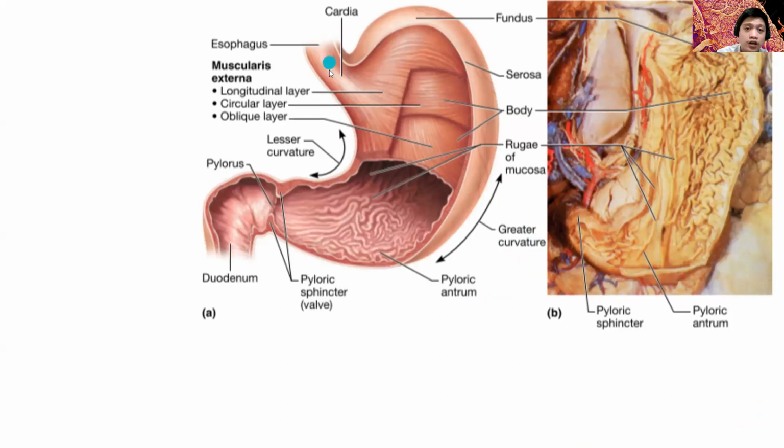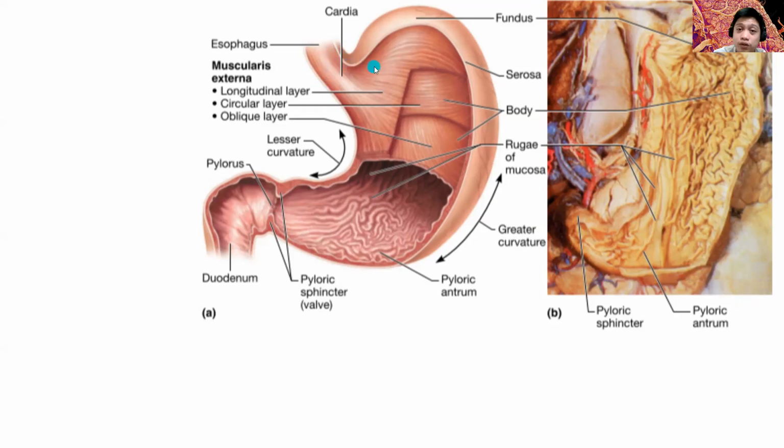It is also called the cardia because at this level, you will see the base of the heart. Okay? So you can check your other images in the internet showing you the relationship of the heart and the stomach. So at this portion, sobrang malapit na ang puso.